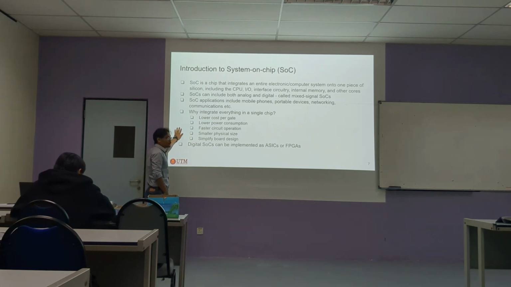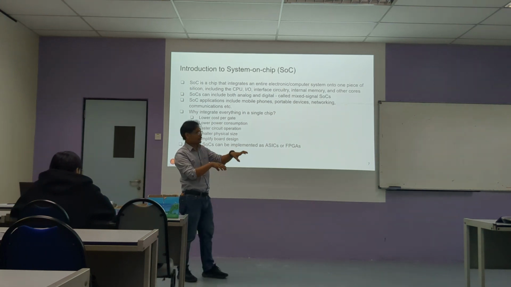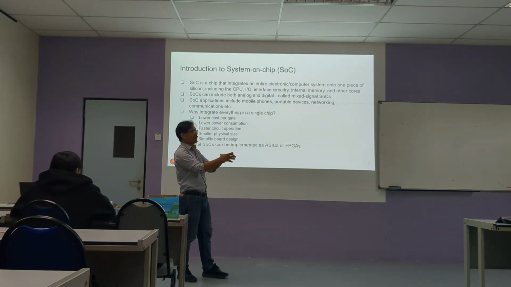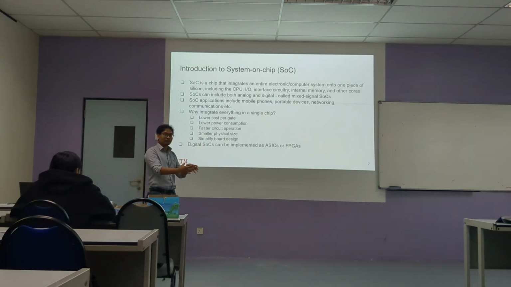But the question is, why do you want to integrate everything in a single chip and not have separate chips? Previously maybe you had a memory, your core, and the CPU on separate chips, meaning separate silicon, but now you combine all these components in a single silicon. The advantages: lower cost per gate, lower power consumption overall.